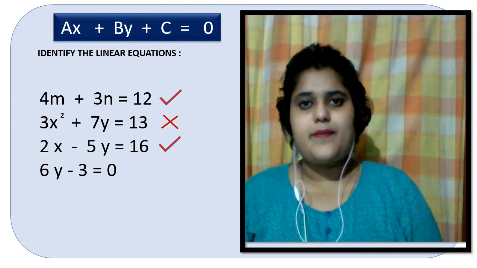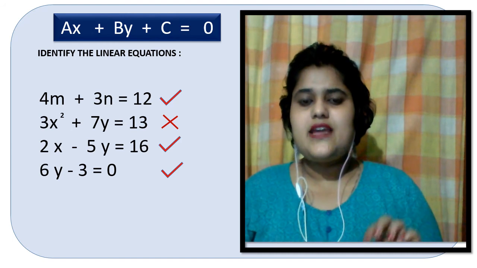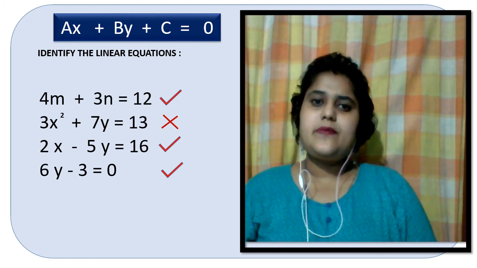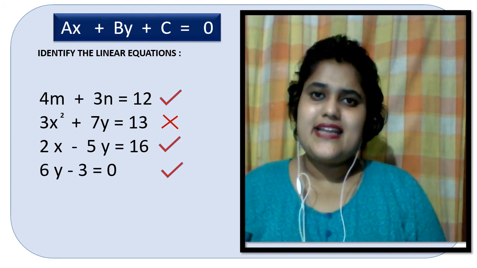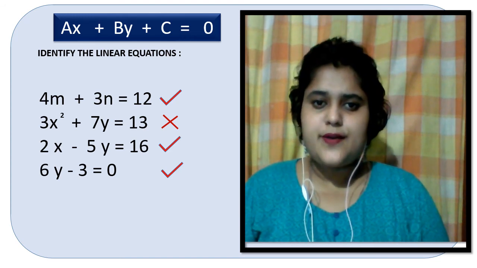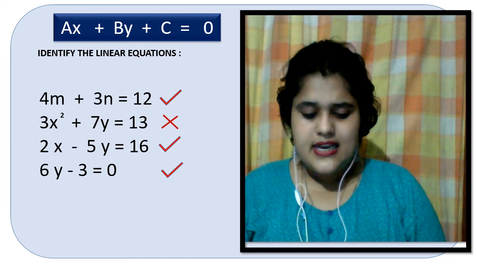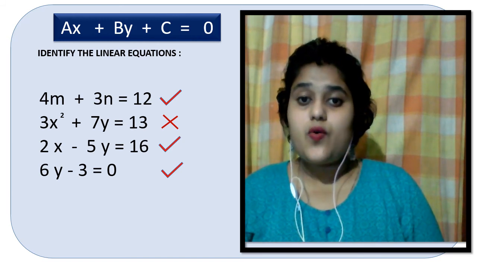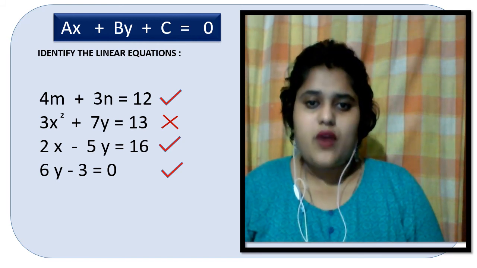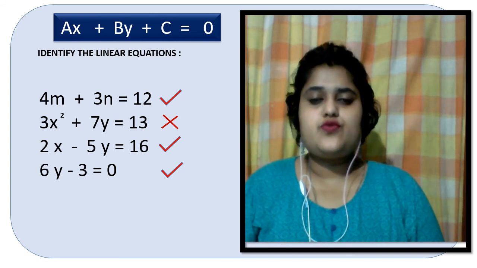If any one variable is present and another variable is missing, you can take that variable's number as 0 and write it down. So it is very easy. It is a linear equation because there is no power more than 1 and there are two variables present.